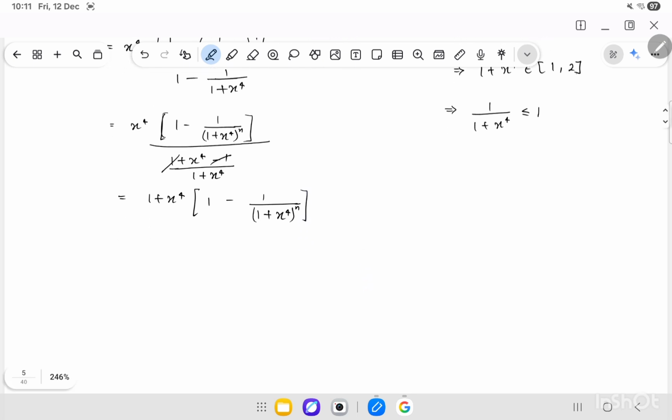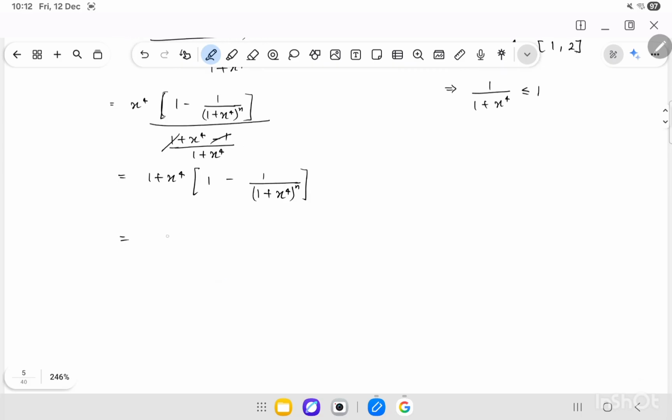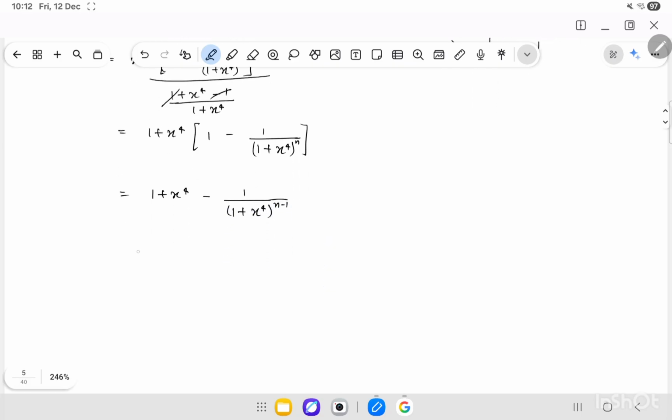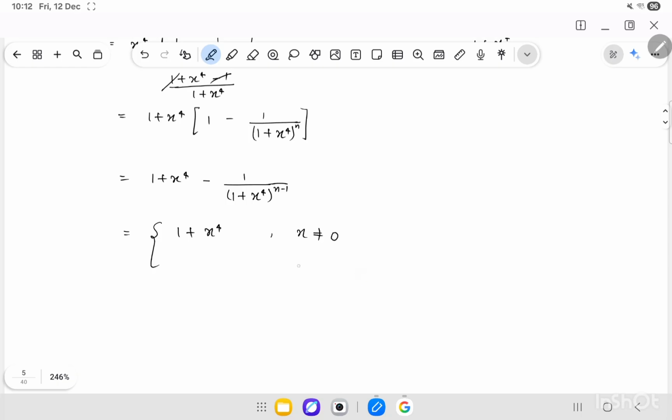So it will be equal to (1 plus x raised to 4) times (1 minus 1 divided by (1 plus x raised to 4) raised to n). So it will be equal to 1 plus x raised to 4 if my x is not equal to 0, but if I take my x as equal to 0, then this will be equal to 0.